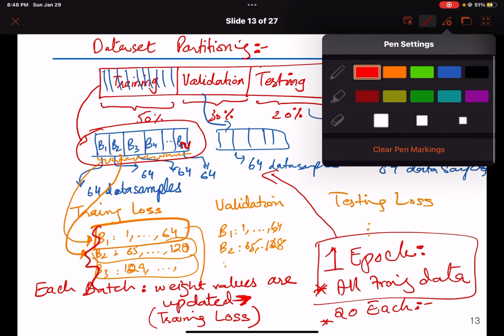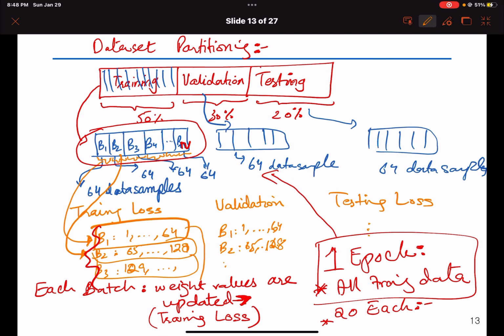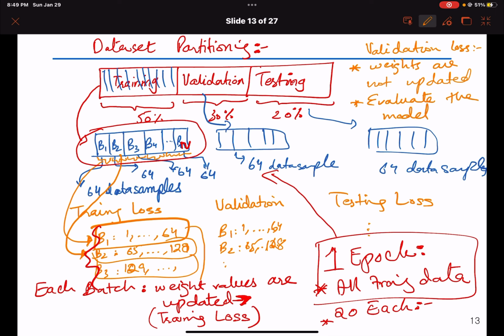Here I would like to mention something. For your validation loss estimation, your weights are not updated. It is used just to evaluate your model. Only at training time is the model updated.